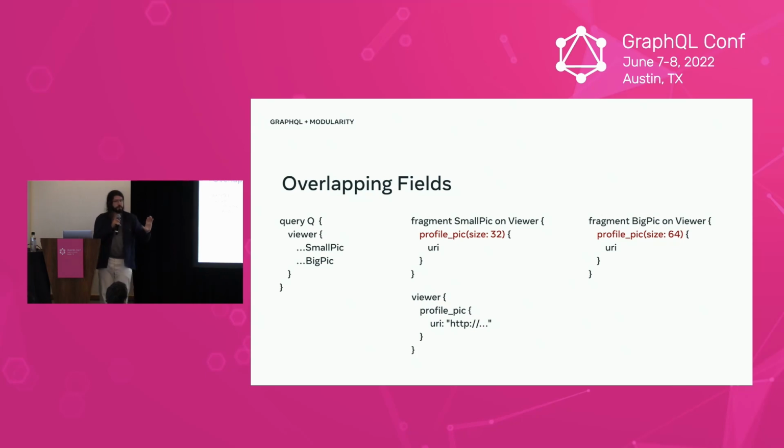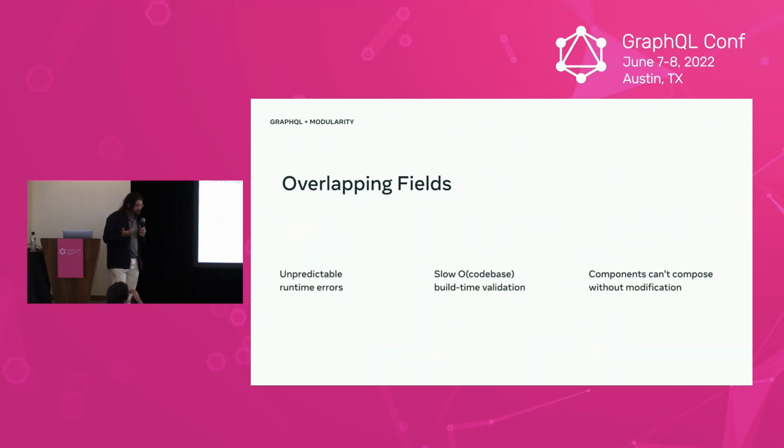In your product that you work on, no problem. Some totally different thing is also using small pic and big pic, and it starts crashing, right? So this is violating everything that we want for modularity, right? It is something where you're going to change something and you have these unpredictable runtime errors, right? That's not modular at all.